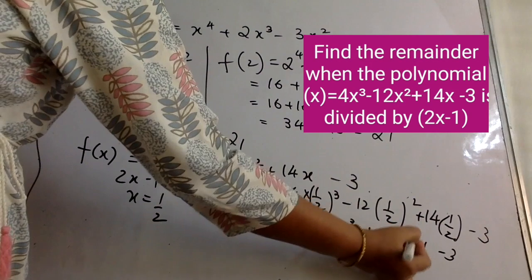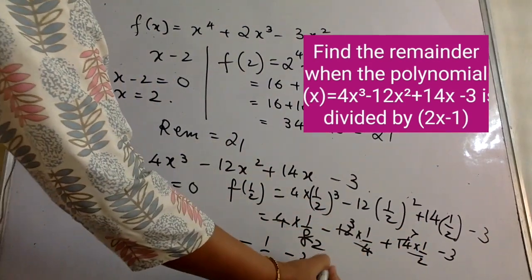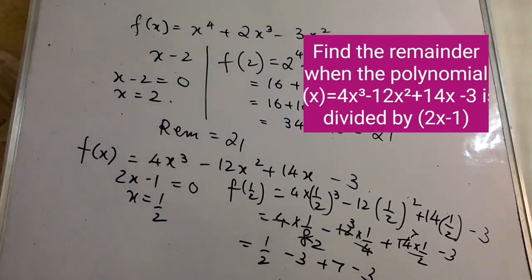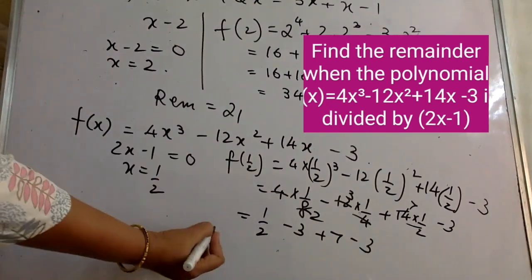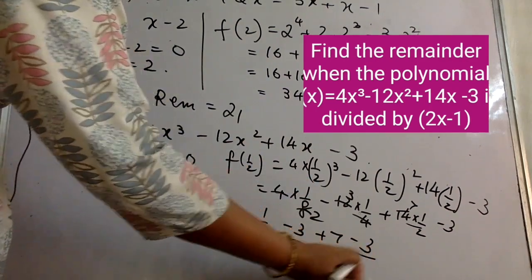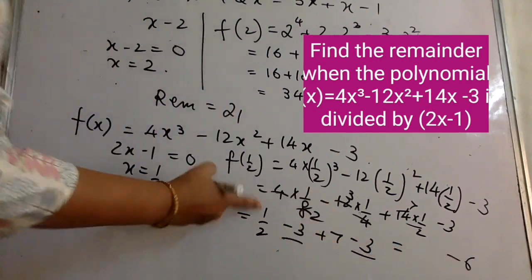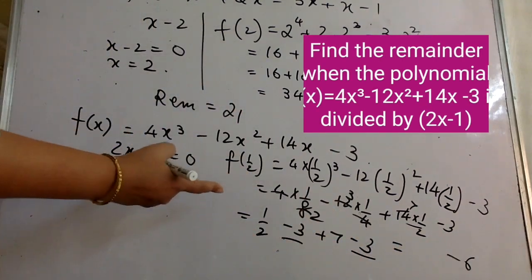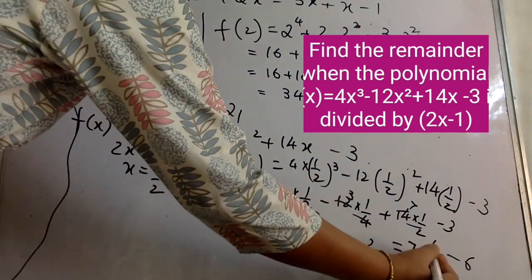We'll reduce them all, and we get half minus 3 plus 7 minus 3. Now how much is that? Half minus 3 plus 7 minus 3. I'll take this and this first, and I'll make it minus 6. And this is 7 and a half.